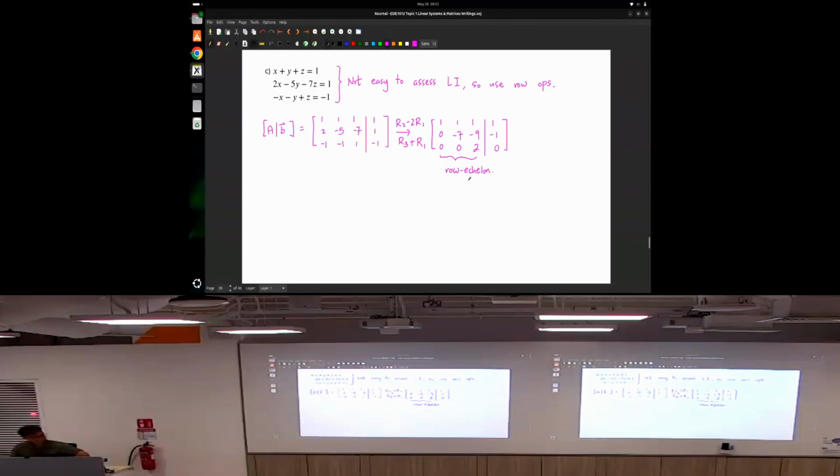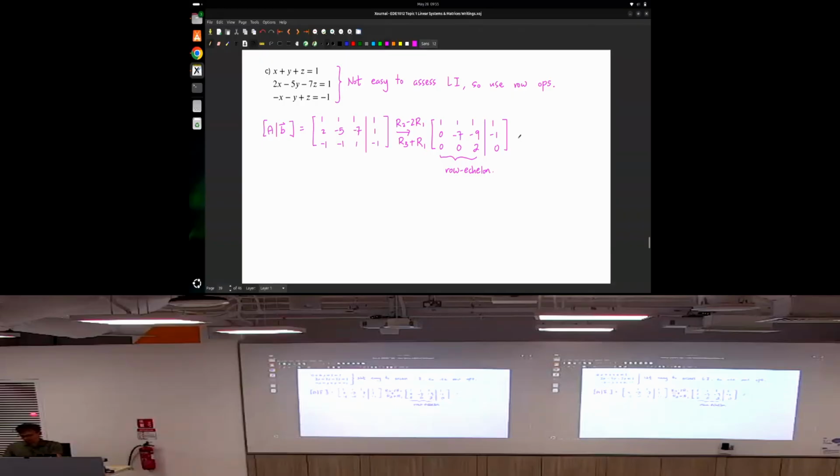Now you notice that. Ask the question: do you have any rows with all zeros? The answer is no. Then what is the solution here? This is 2z equals 0, so z equals 0, so I can solve for z. Then I back substitute, I solve for y. I back substitute again, I solve for x. Correct or not? So which means unique solution.